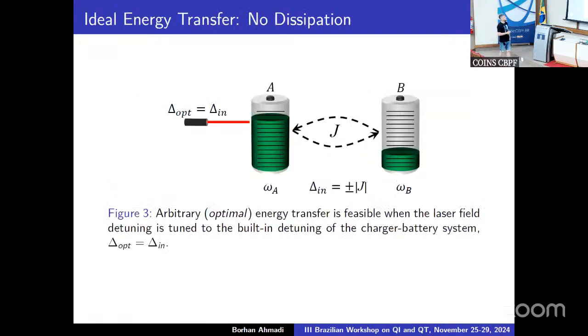For an ideal case, when there is no dissipation in the process, I should tune my laser field to the built-in detuning. This is the detuning that is built in while you are constructing your charging system.